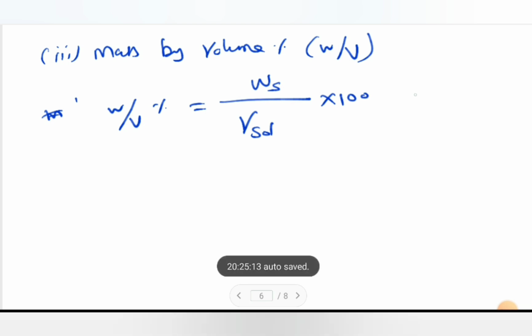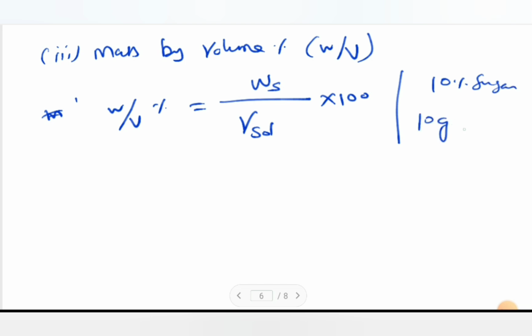Example is 10% sugar solution. In this case, 10 gram of sugar is dissolved in 100 ml, this is the volume, 100 ml of water.